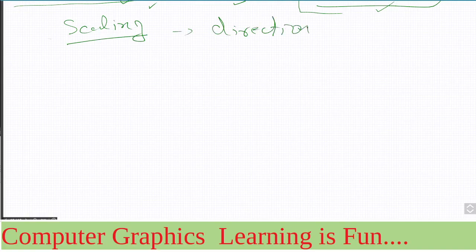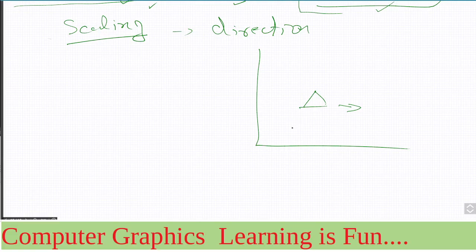Suppose you want to do a particular scaling in a particular direction. This is your index, this was your object, and you want to grow it in a particular direction. Particular direction means you want to grow it in this direction.